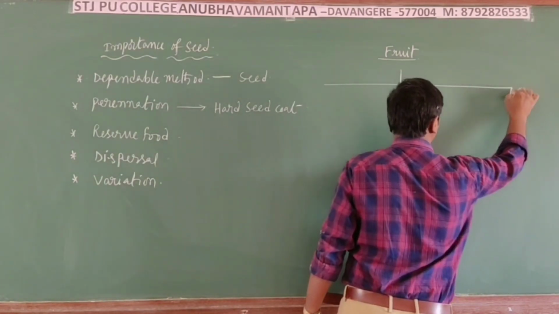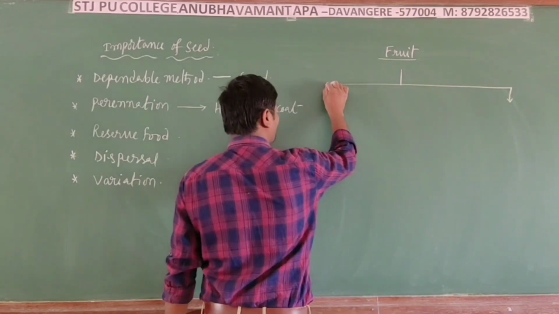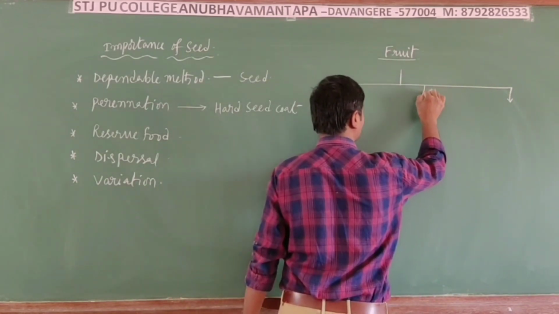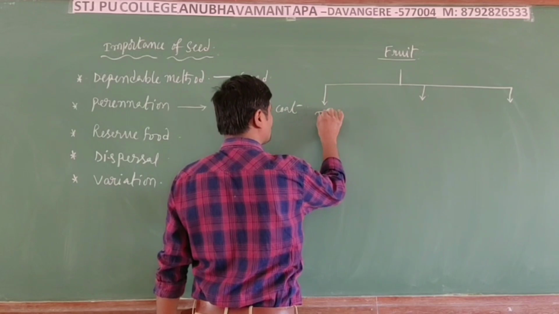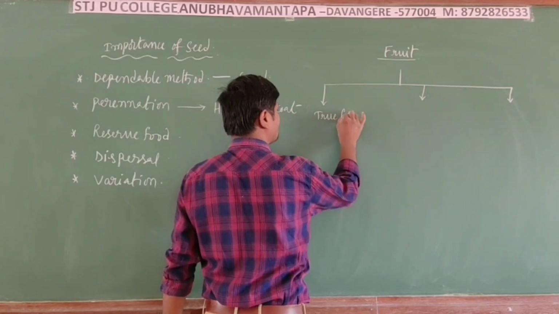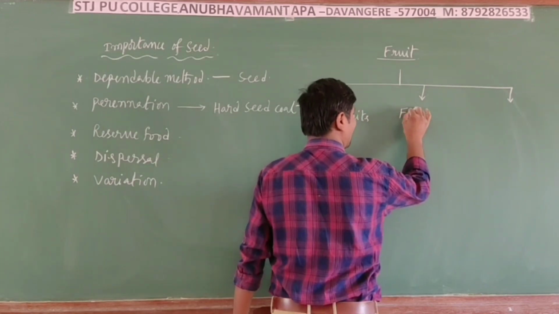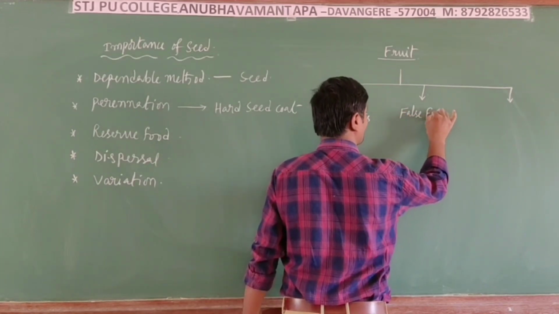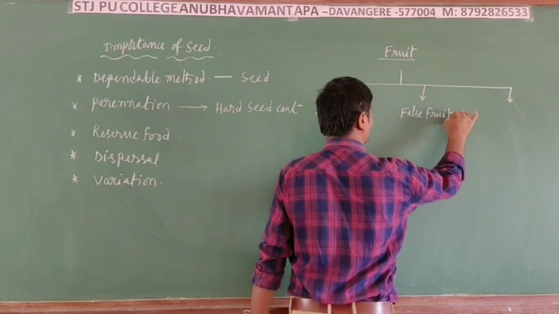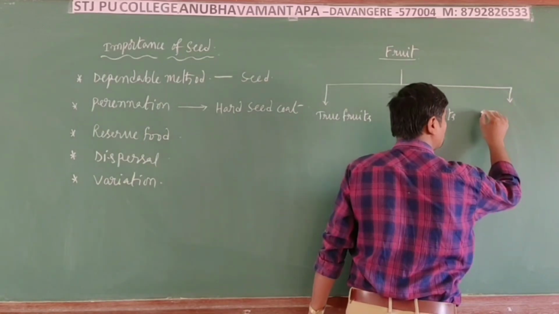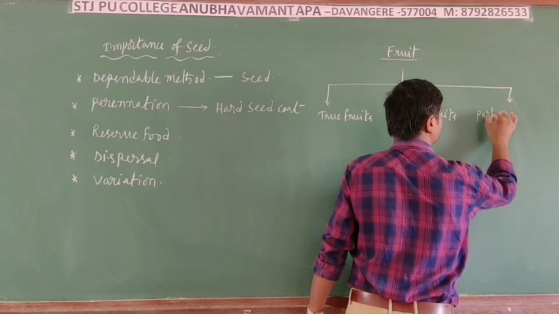The three types of the fruits are there. One is true fruits. Second one is false fruits. And third one is parthenocarpic fruit.